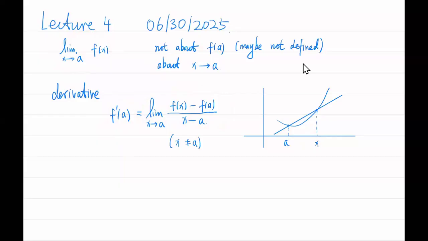An equivalent formula is also used when we define the derivative. We emphasize this increment.